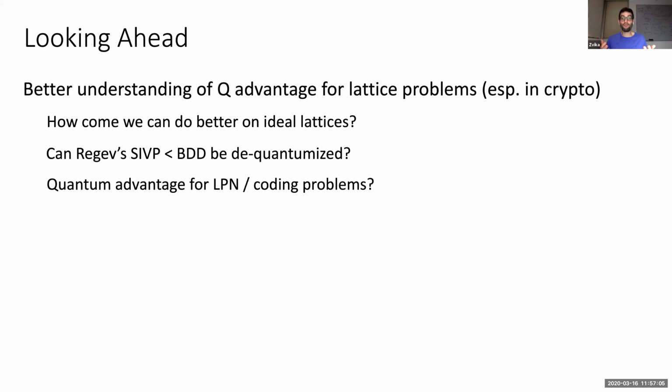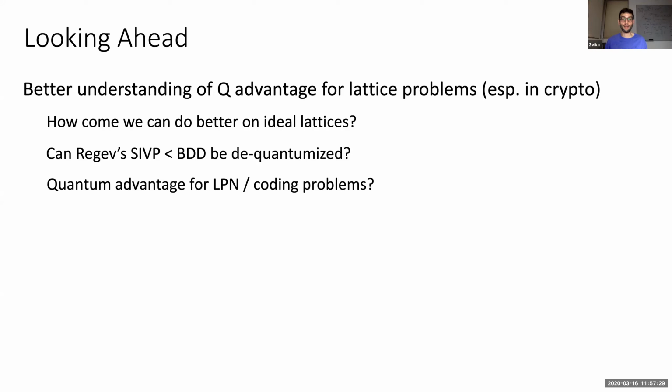The example that I gave with ideal lattices is something that I think is not fully understood, in terms of the extent to which you can bring it. Is there actually a gap between ideal lattices and general lattices in this context, and how much more can you leverage this type of technique? Dequantumizing the reduction that we talked about is a question that already came up.